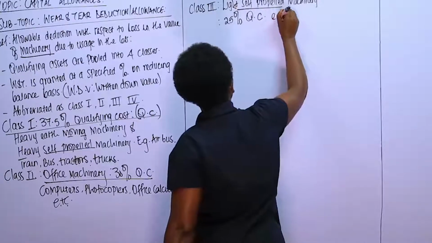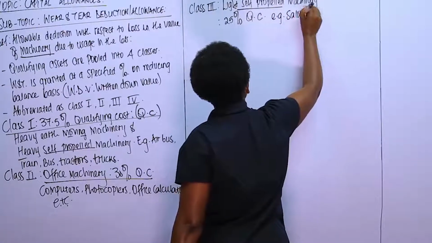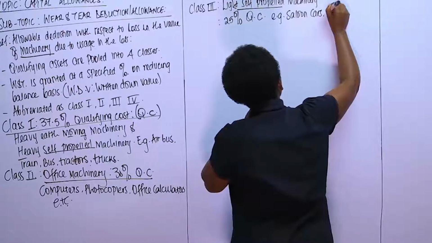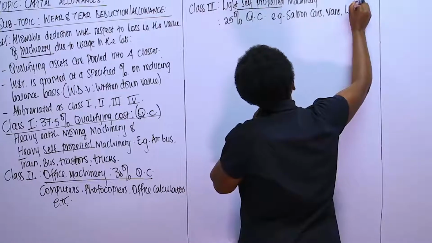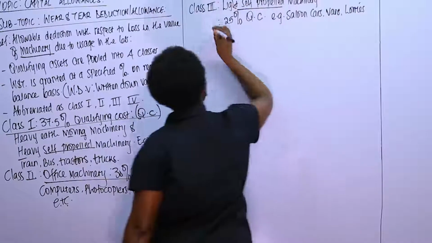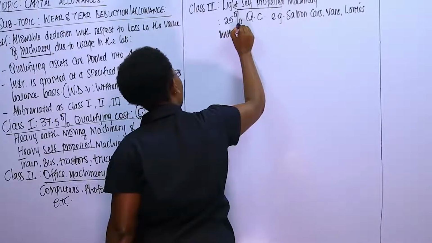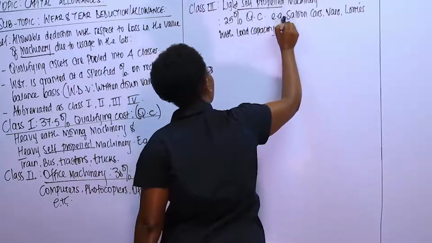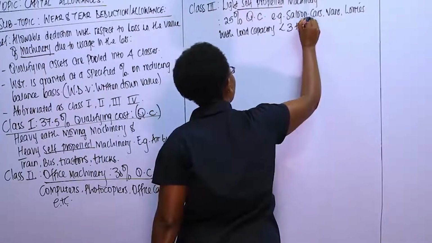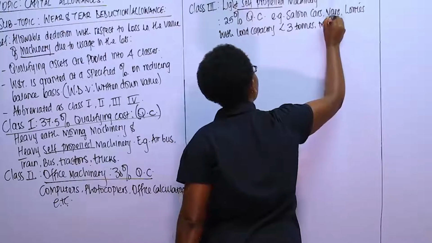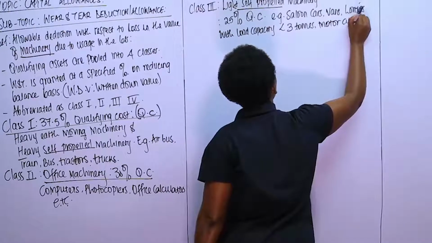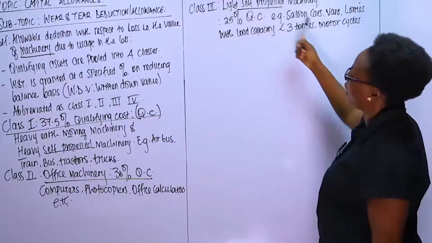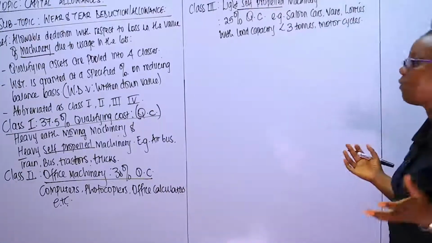So, for example, saloon vehicles, saloon cars, vans, lorries with load capacity of less than 3 tons, motorcycles, and such like. So here it's light and self-propelled, what you'd call a small vehicle in Kenya.